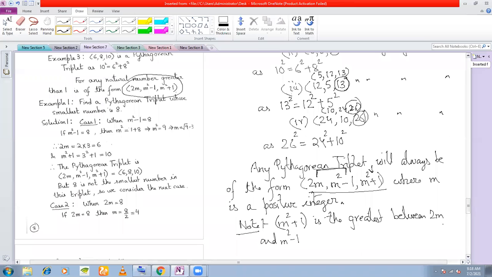So whatever is 2m, whatever is m square minus 1, m square plus 1 always has to be the greatest number. Okay. Let us see one problem here based on Pythagorean triplets.